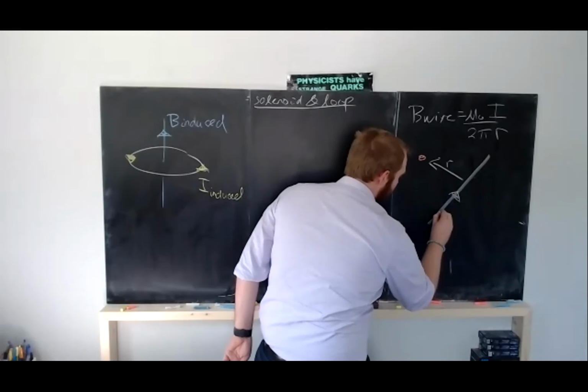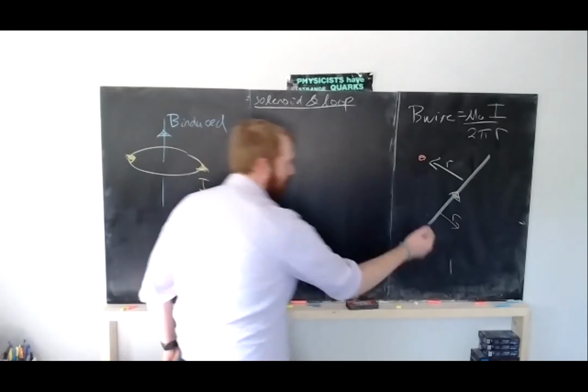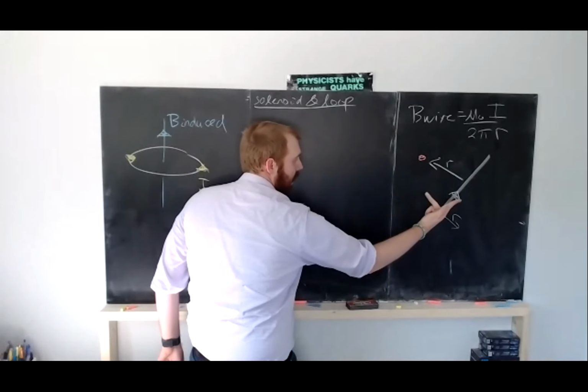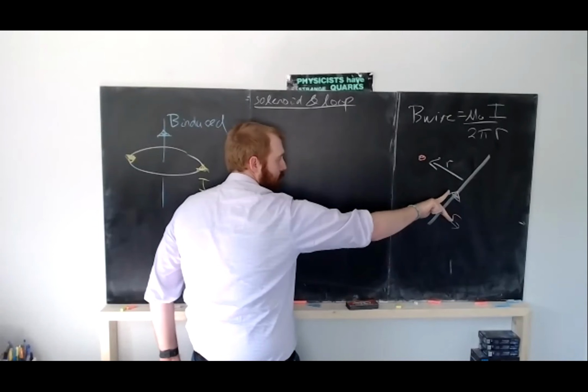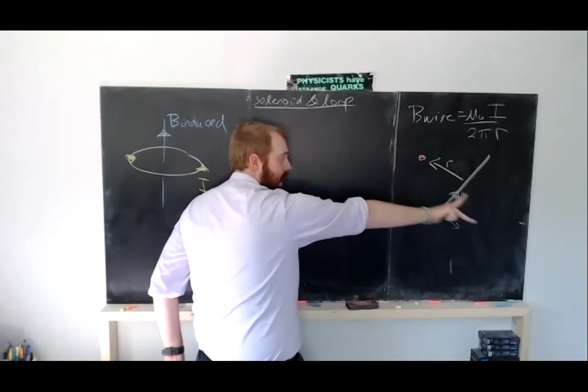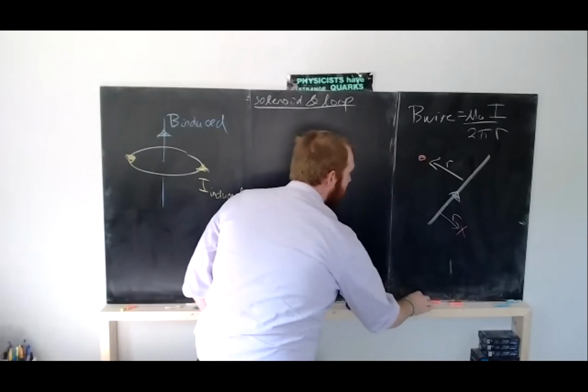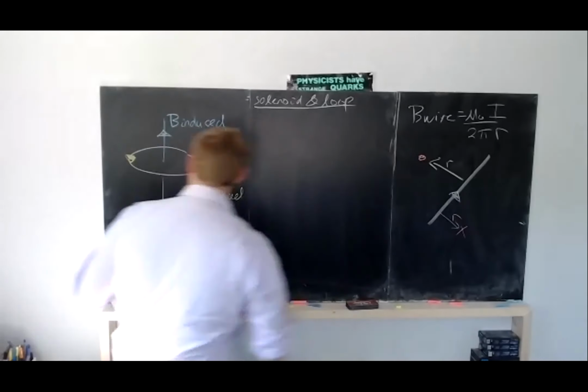But if I go to the right of the wire, current has to point this direction now, pointing down below. Magnetic field is coming in. Right? Similar thing for the loop again.